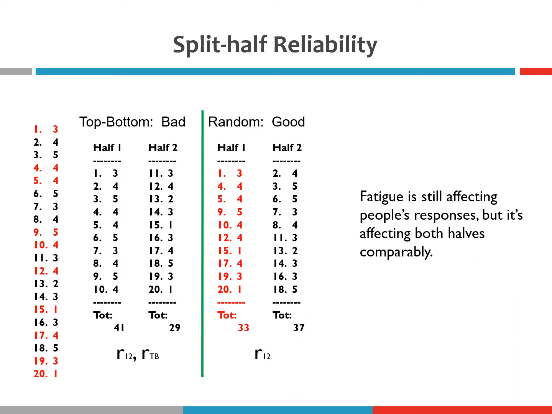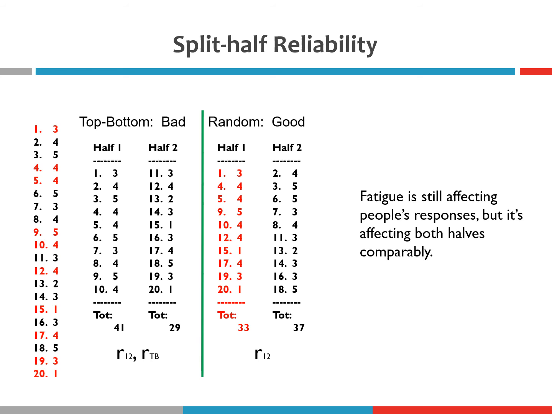Well, one thing we could do is, instead of splitting our responses and looking at the top half versus the bottom half, or looking at questions 1 through 200 and then questions 201 through 400, we could just do a random sample.